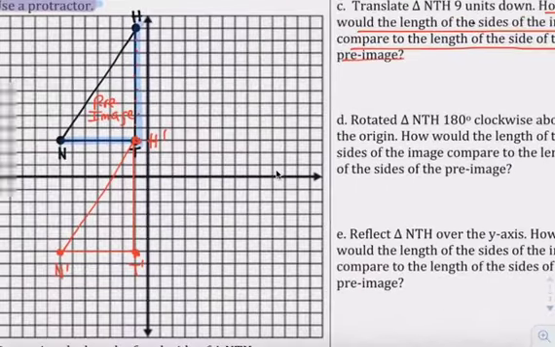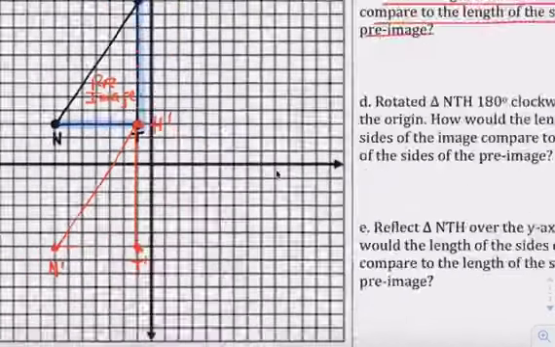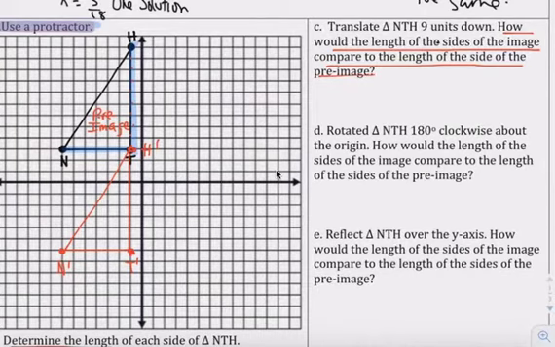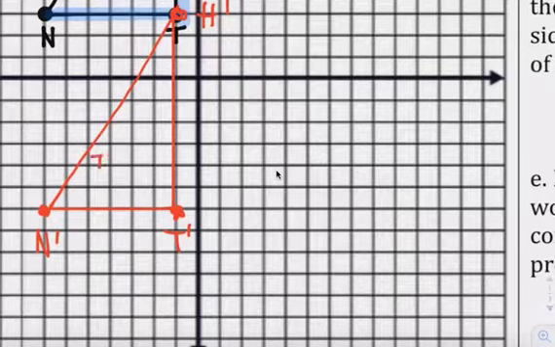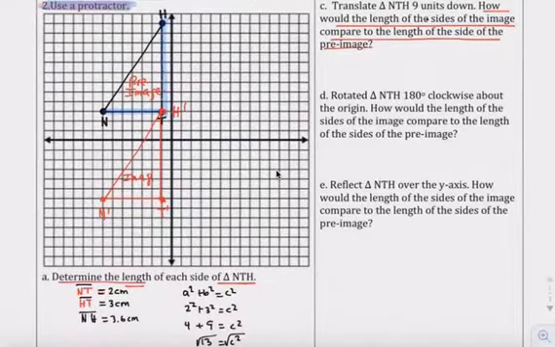That's the pre-image, and this is the image. How would the length of the side of the image compare to the length of the side of the pre-image? How do they compare? They're the same.